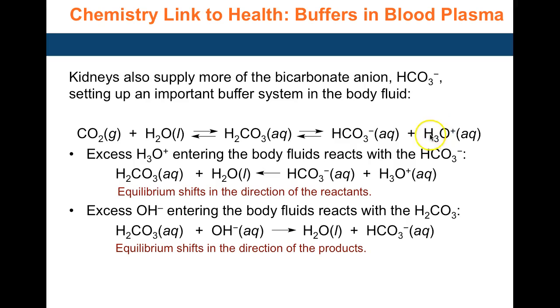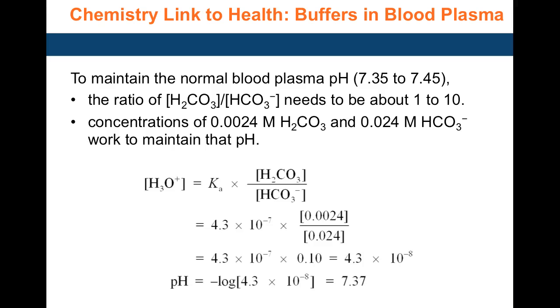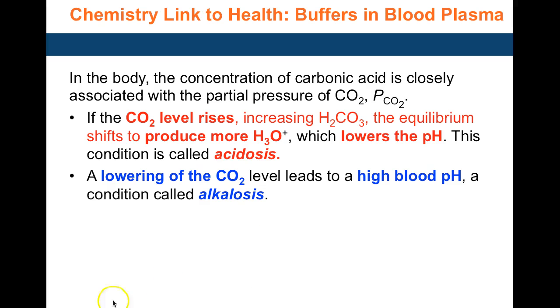So H3O plus is going to go up. So if carbon dioxide goes up, so does the H3O plus concentration. And if H3O plus goes up, the pH will drop. A high H3O plus means a big drop in pH.